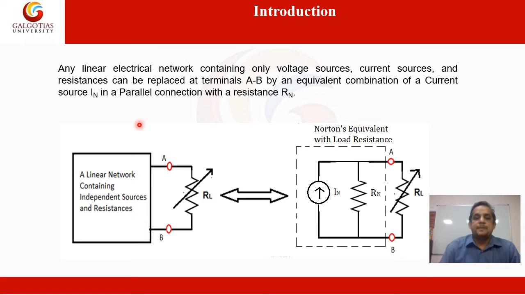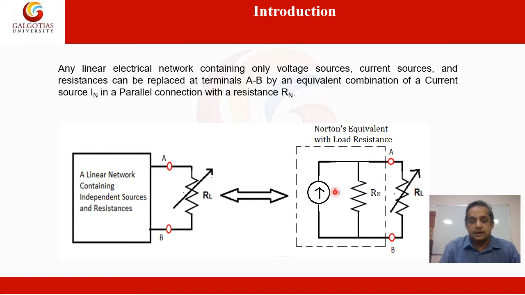Norton stated that any linear electrical network containing only voltage source, current source and resistance can be replaced at terminal AB by an equivalent combination of a current source IN in parallel connection with resistance RN.